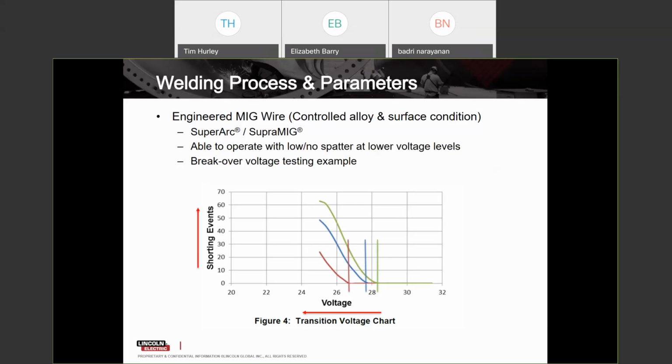So just the wire itself and how it can maintain a low voltage operation and still maintain low spatter is part of how that wire is manufactured, the surface condition, the alloy content, and so that wire is a contributing factor in the ability to run low voltage, which is very desirable for reducing silicate formation. Again, shorter arc length, lower voltage equals less droplet exposure.